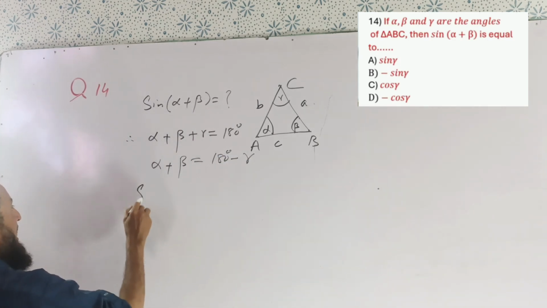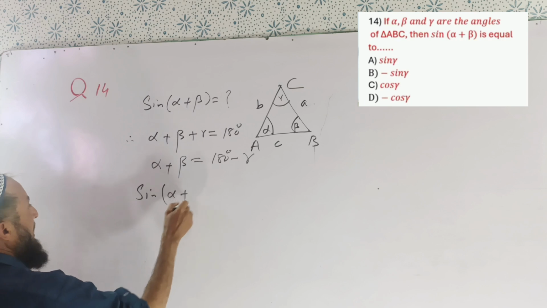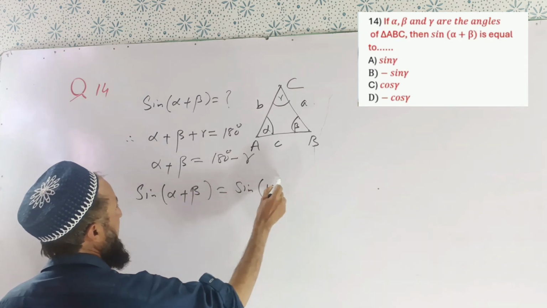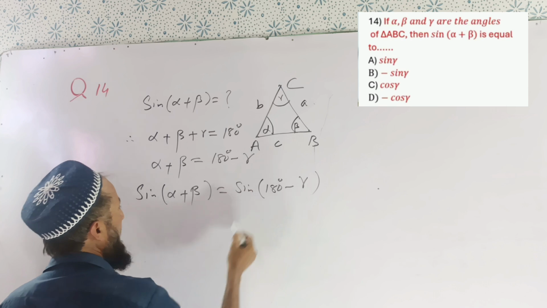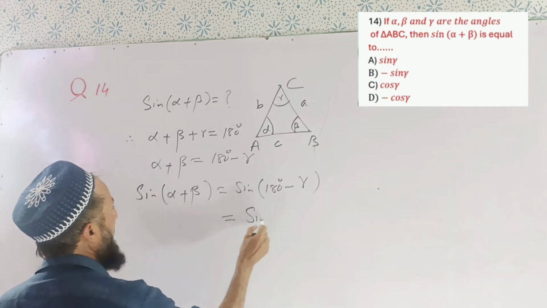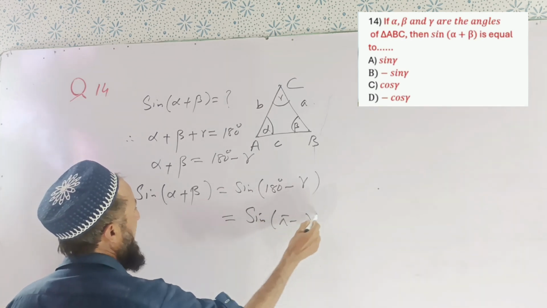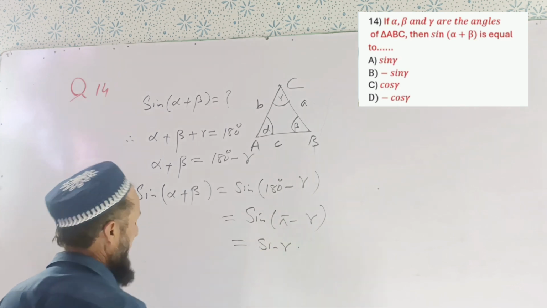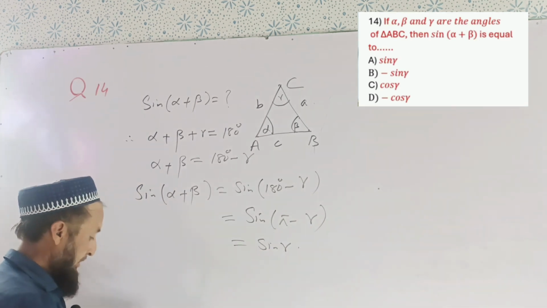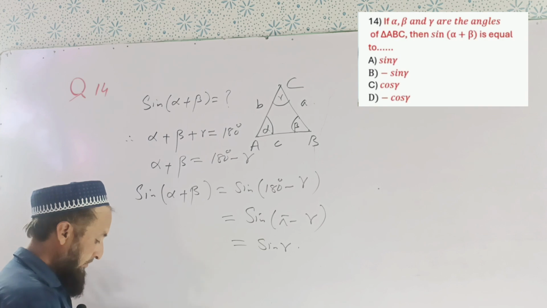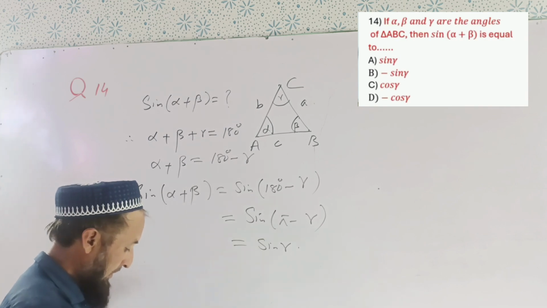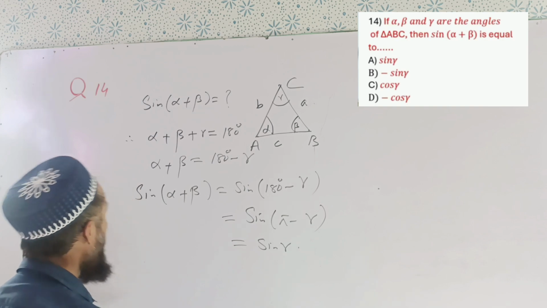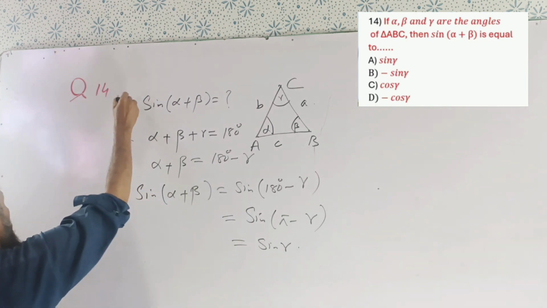So sine of alpha plus beta is equal to sine of 180 degrees minus gamma. That is the property. According to this property, sine of pi minus gamma, we can write sine gamma. Sine gamma is the correct answer, option A.